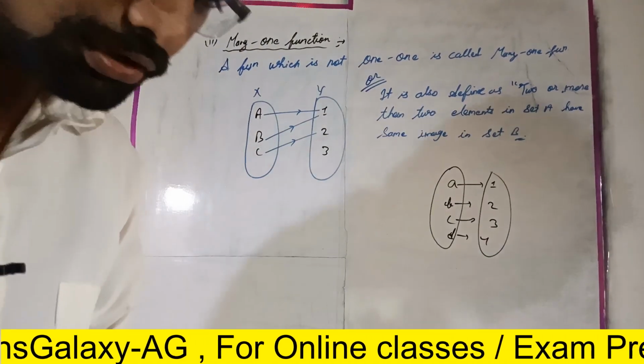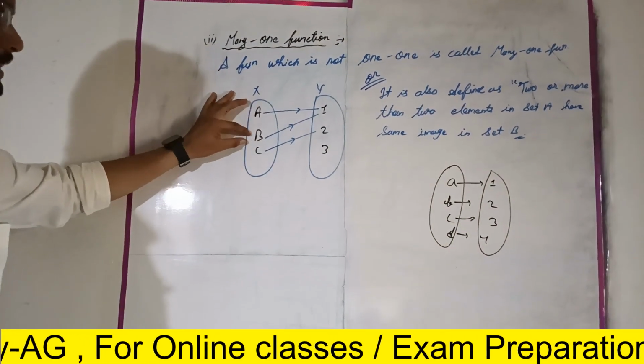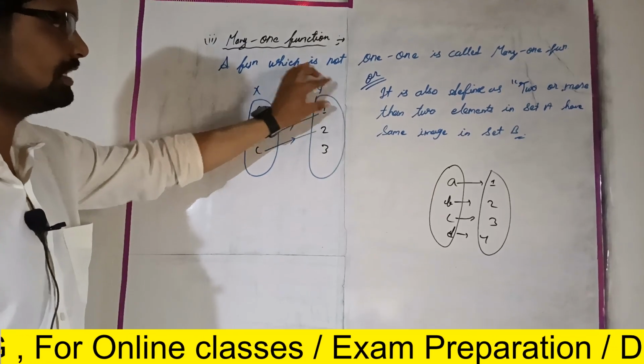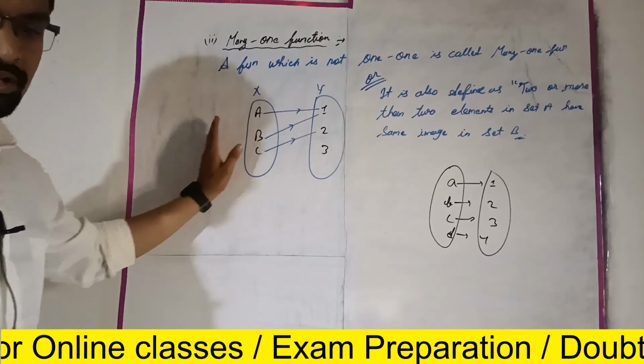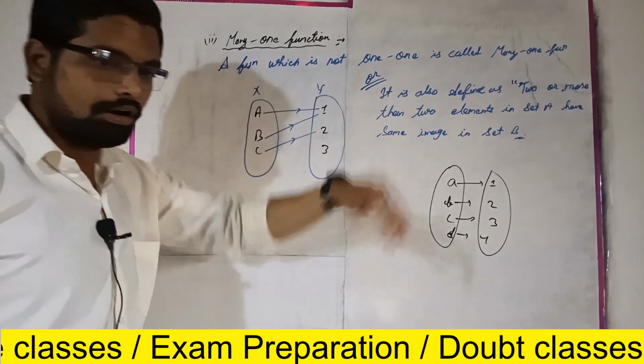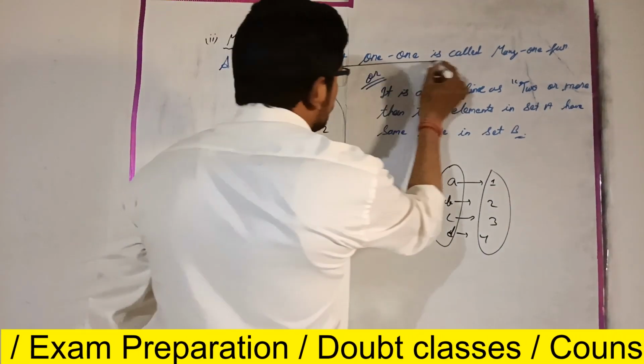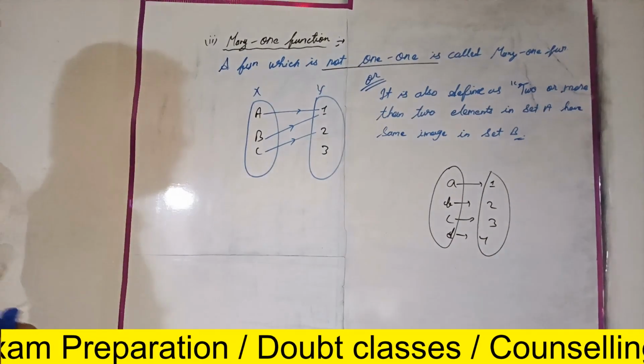Any doubt? No doubt. So as you can see here, a and b have the same image in the second set. So it will be known as the many-one function, or we can also say that a function which is not one-one is called many-one.